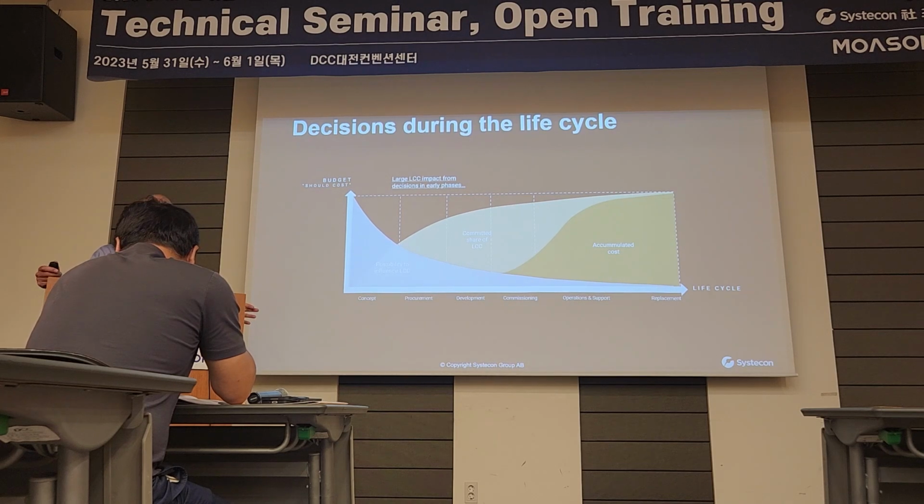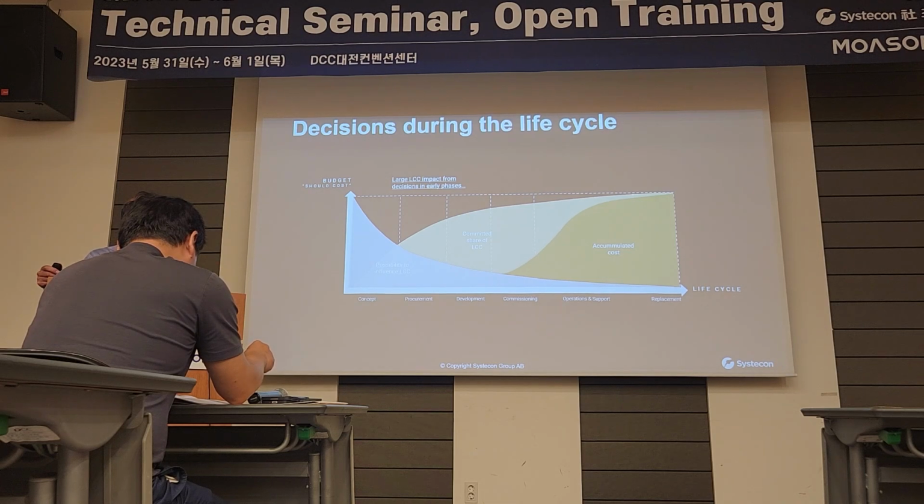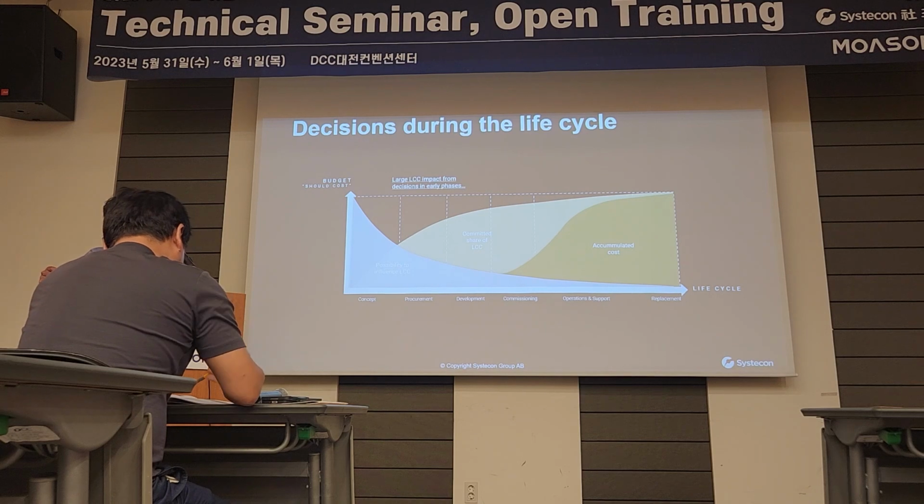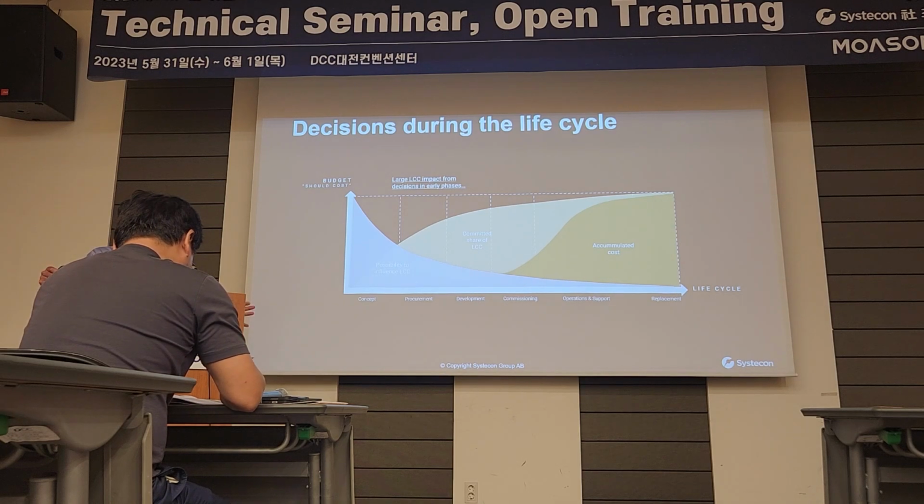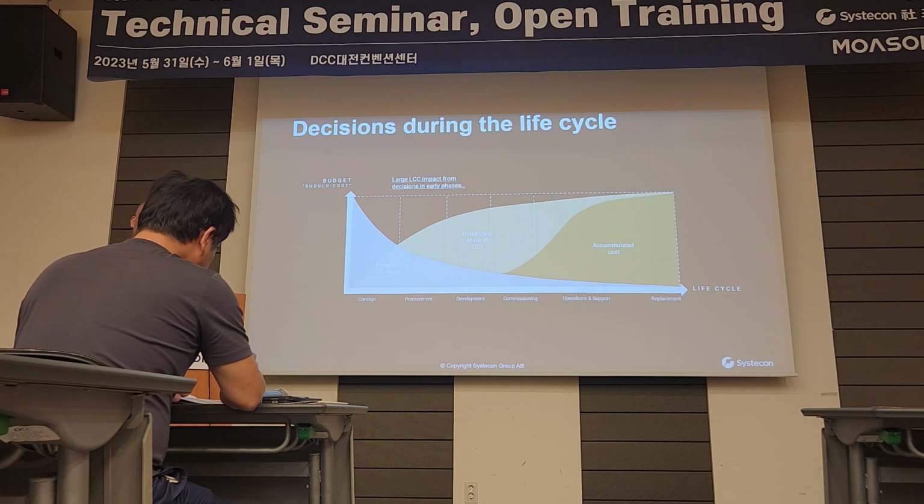You can always impact maintenance during the operations and support phase by making choices that reduce the cost for maintenance. But if you can influence the system already here in terms of reliability, so it will not demand that much maintenance, that is a much better option than trying to remedy the problem further down the line.